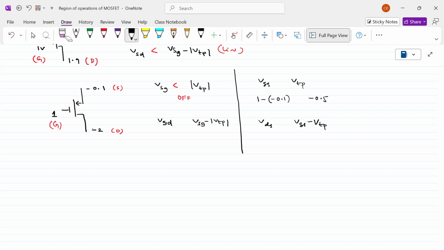What can we observe here? 1 plus 1.1, that is 1.1, right? Therefore this is 1.1, this is 0.5. What is the difference here? There's a conflict, right? What is the problem here?